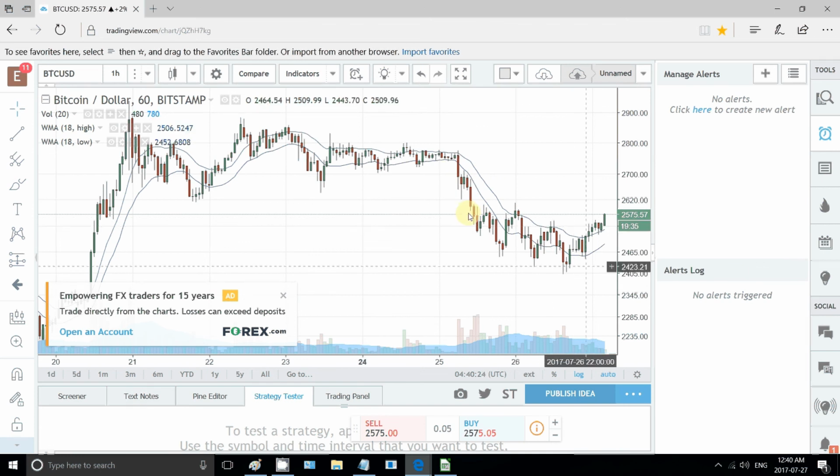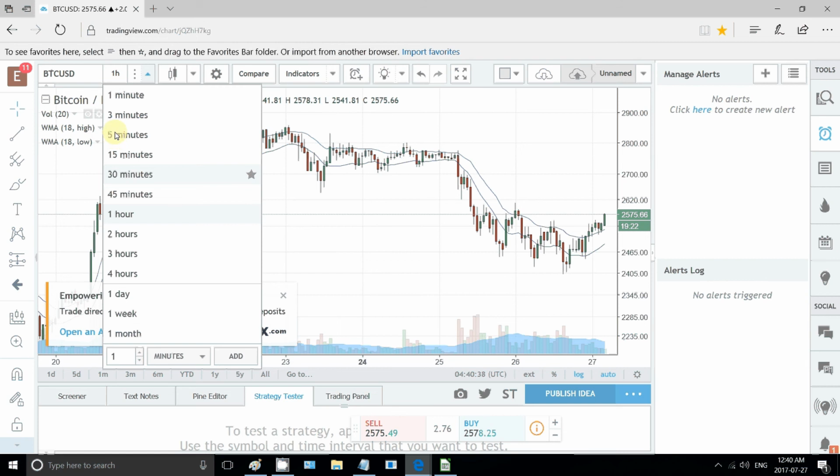The buyers are looking right now as if they are ready to take control of this market. So this is on the 1 hour looking very optimistic.